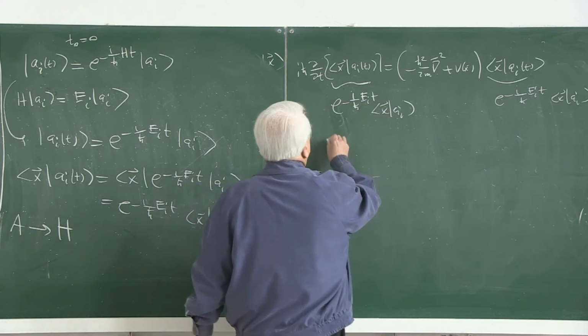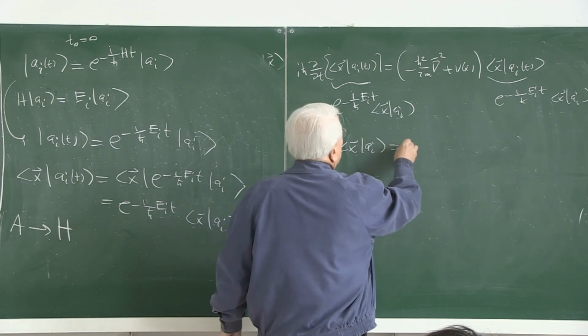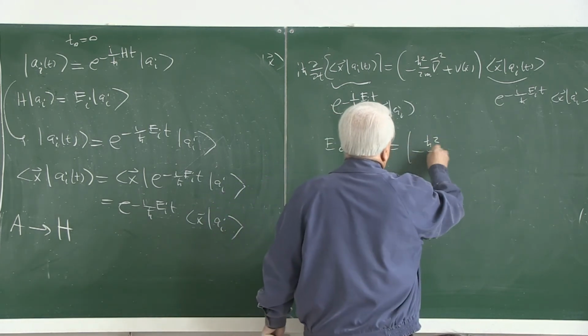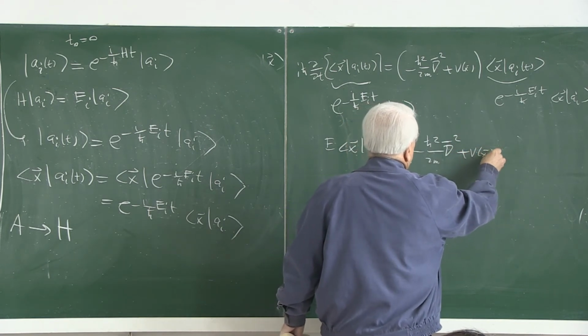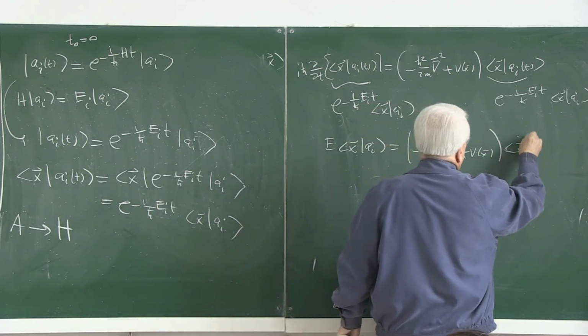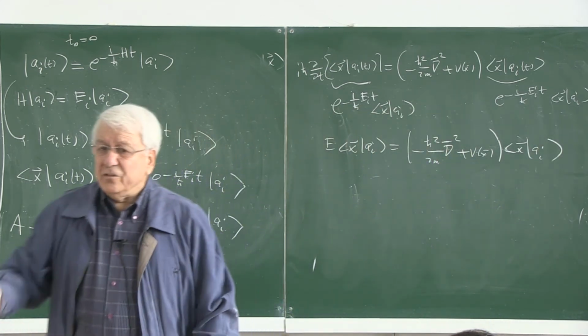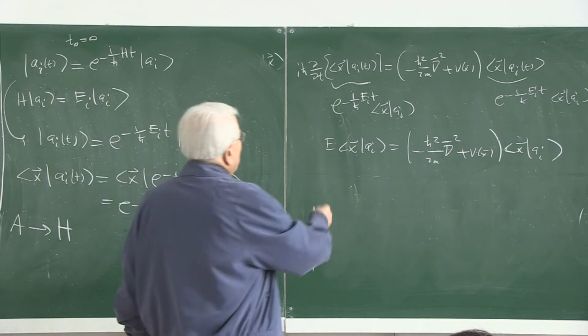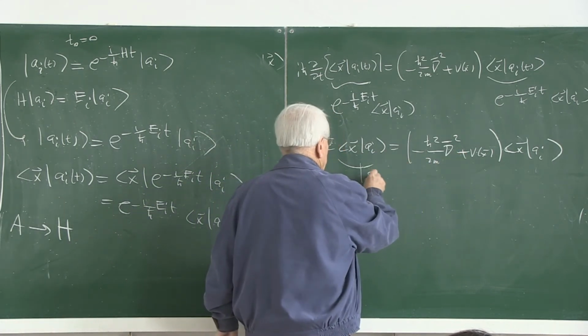So you get the following. E x a_i is equal to minus h bar squared over 2m del squared plus V of x, acting on x and a_i. If a_i is the energy eigenfunction, this is more general than this special case.